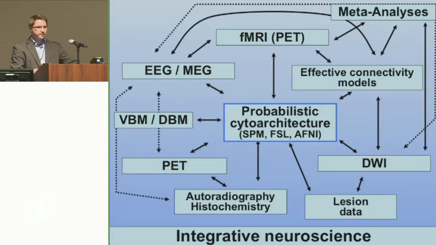So I hope that this overview has given you an idea that it's about localization, and that post-mortem cytoarchitectonic maps can be very useful tools for localization and describing. But above that, and I think way more important, it's also a way to integrate, because it basically provides a common language.